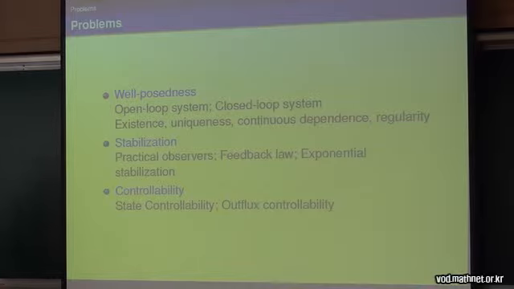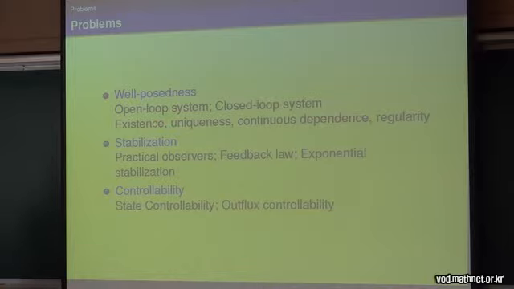So here are some problems that we are interested in. First of all, we study the well-posedness of the system. Here I write open loop system and closed loop system. When you choose a control which is a function of t, then we say the system is an open loop system.